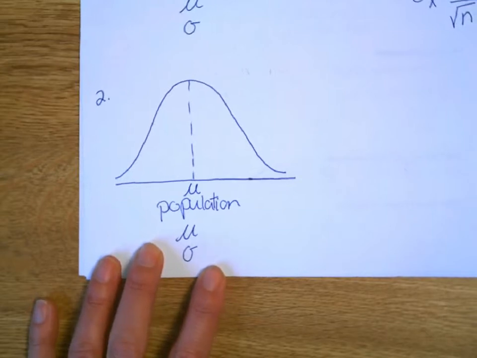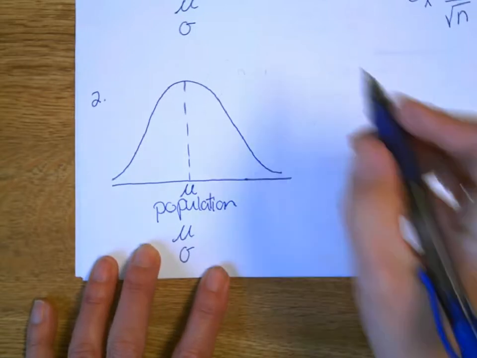This time when I take samples, you won't have to hit that magic number of 30. You can be under 30 and your sample distribution will still be normal.